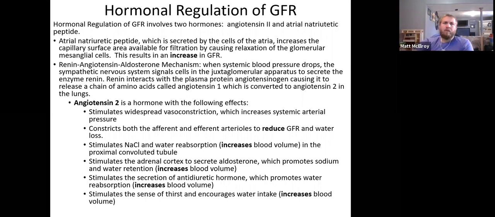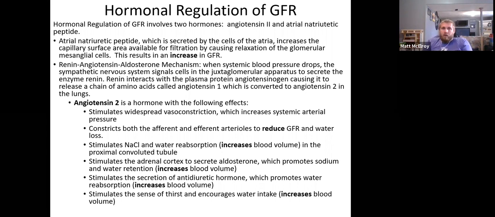Okay, several hormones influence our kidneys. Two major hormones influence GFR: angiotensin II and atrial natriuretic peptide. If we think back to our lecture on the blood vessels, we talked about the hormones here on this page, and how they related to blood pressure.